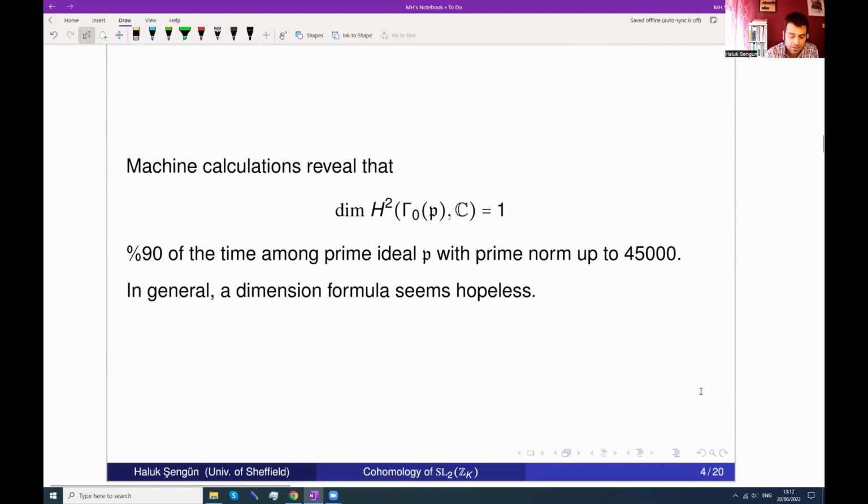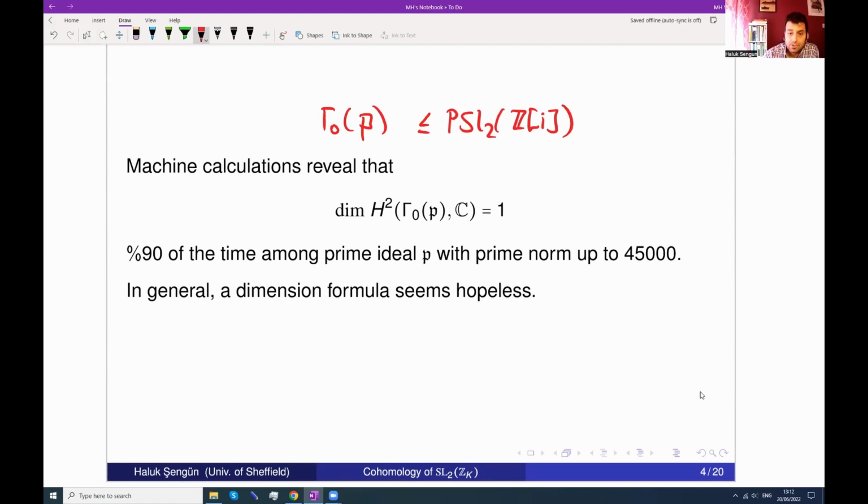I mentioned this one striking small experiment, which says that if you take, again, I'm inside the PSL2(Z[i]), sometimes people call it the Picard group, and I'm looking at Hecke congruence subgroups, Gamma_0 type, with prime level. So this is a prime ideal whose norm is also prime, sometimes called a residue degree 1 prime ideal.